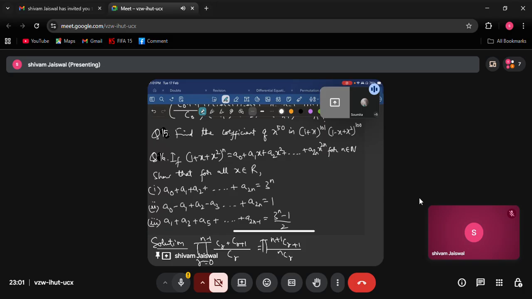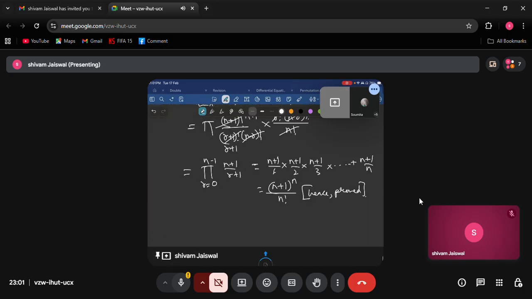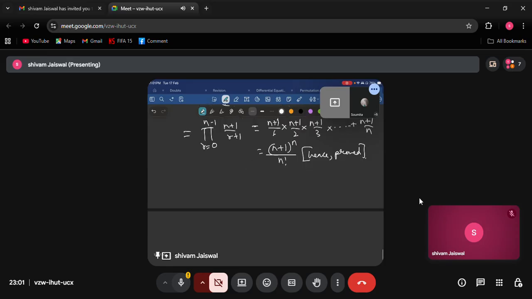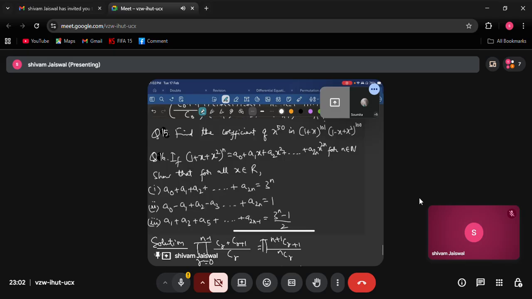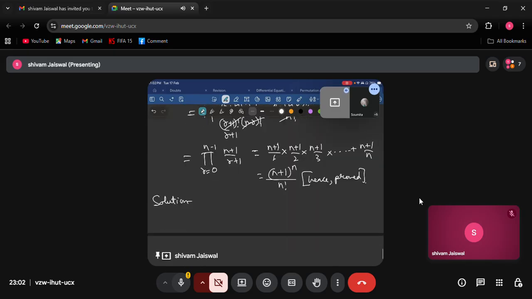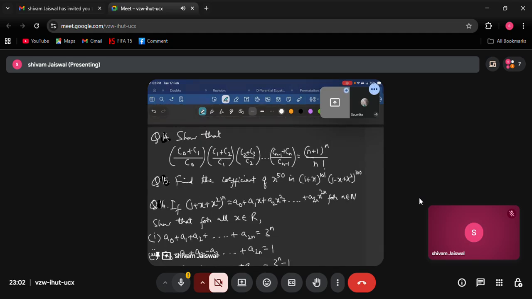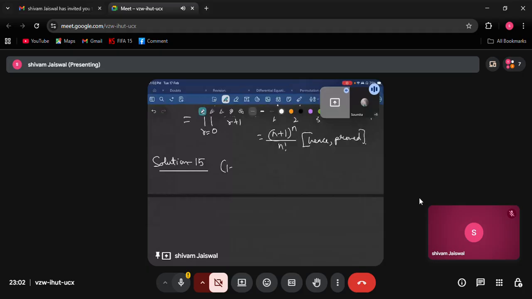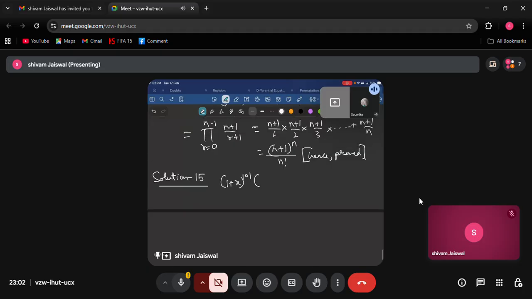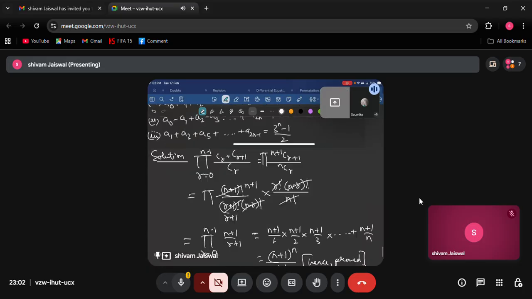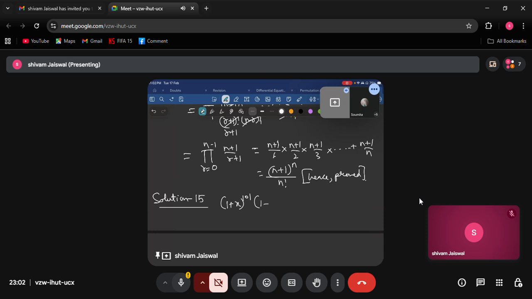I need the coefficient of x to the power 50. So I've got 1 plus x whole to the power 101 into 1 minus x plus x square whole to the power 100.